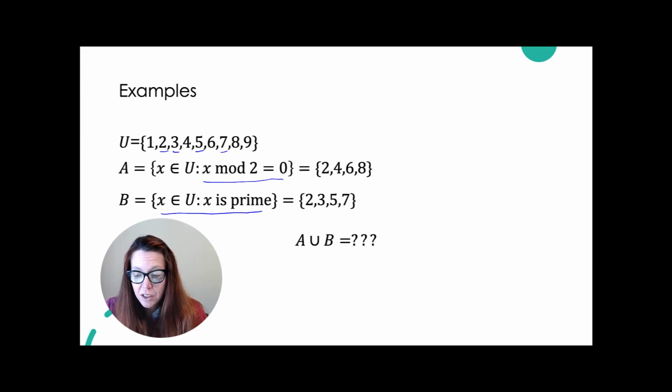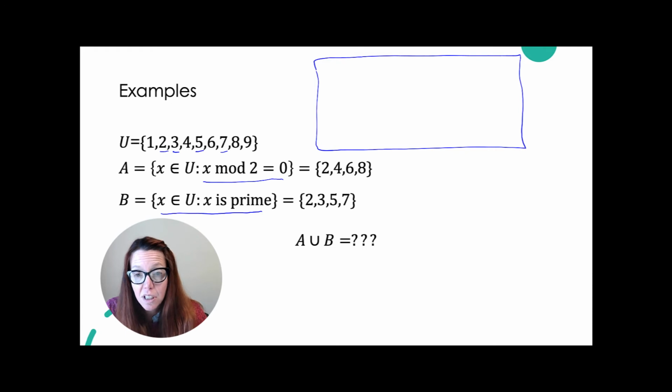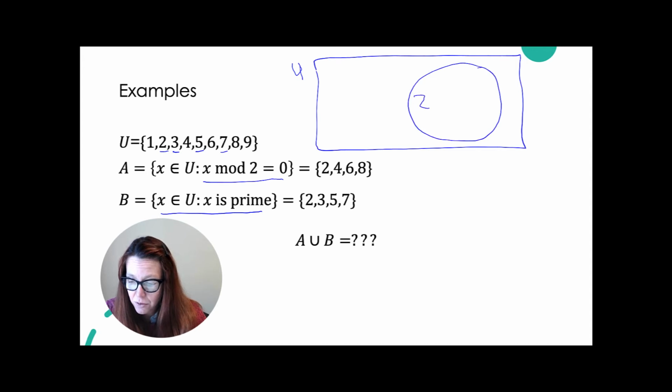So if we want to look at all of the elements in the union of sets A and B, let's just draw it out. We've got our universe U, and we know that we've got the primes in set B. I think it'll be easiest if I draw that first. 2, 3, 5, and 7.